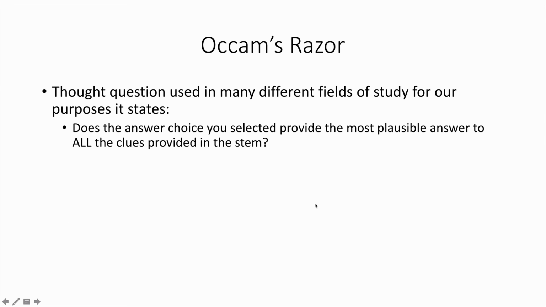So going from there, what is Occam's razor? It's basically a thought question that's applied to a bunch of different fields of study, but for question writing and question working, the big thing it asks is: does the answer choice that you're going to select provide the most plausible answer to all the clues provided in the stem? Not some of the clues, all the clues. Every clue that is given to you in the stem, does it provide the most plausible answer to all of those clues?